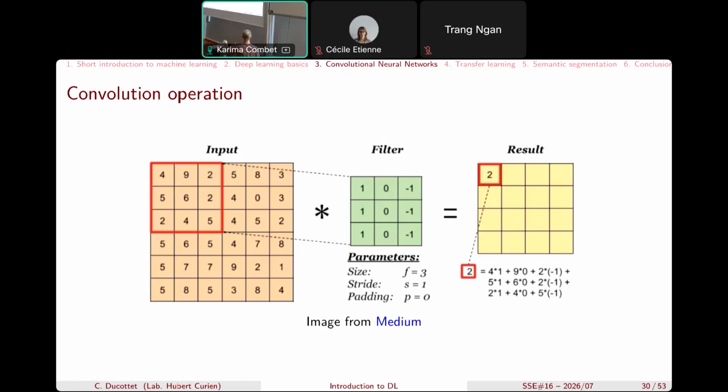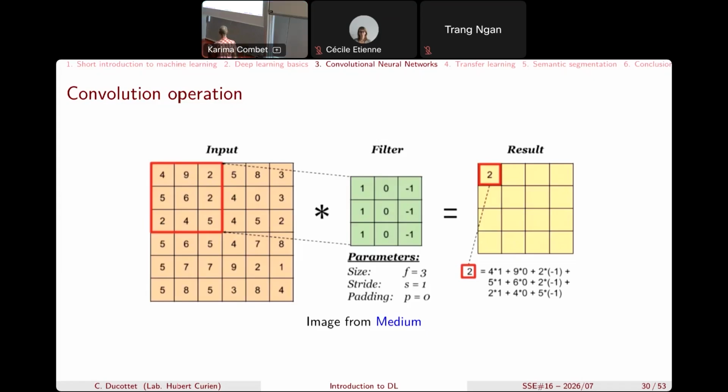So this image will be basically smaller. But it could also be the same size if I use some padding. If I add some zeros around, I could have the same number of pixels. Here, the padding will control how many zeros I add around. Here, the padding is 0.